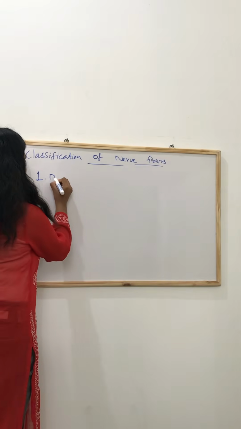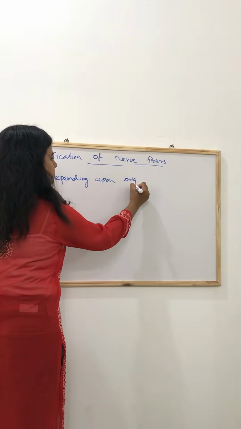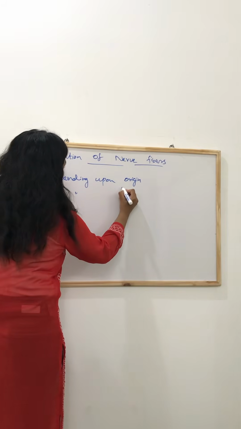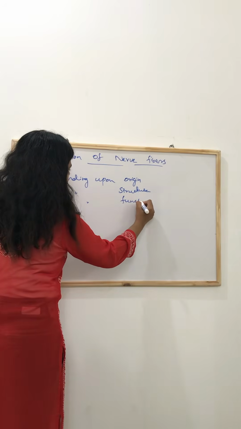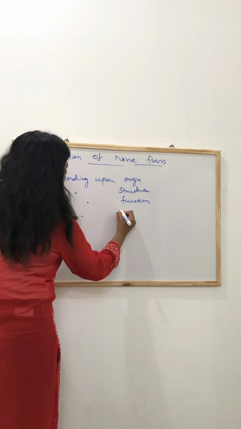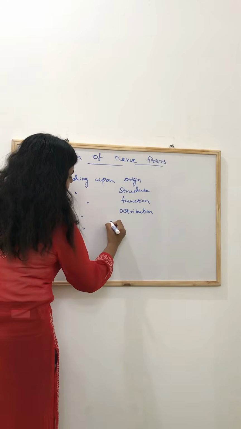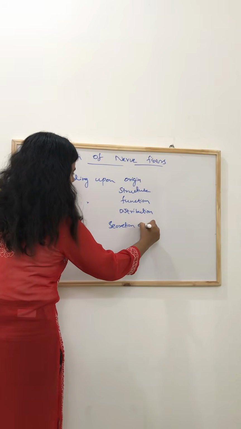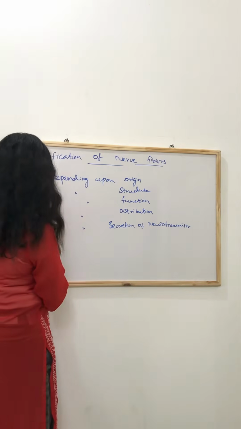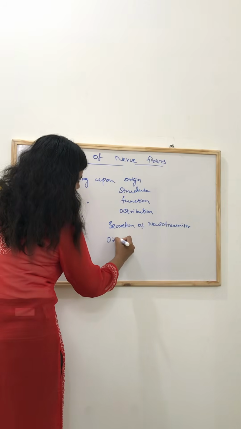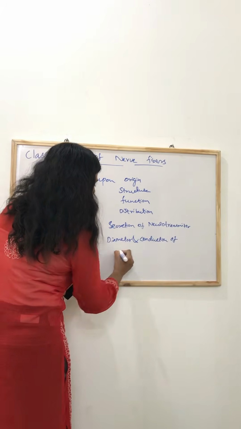They are classified depending upon origin, depending upon structure, depending upon function, depending upon distribution, depending upon secretion of neurotransmitter, and the last one depending upon the diameter and conduction of impulses.